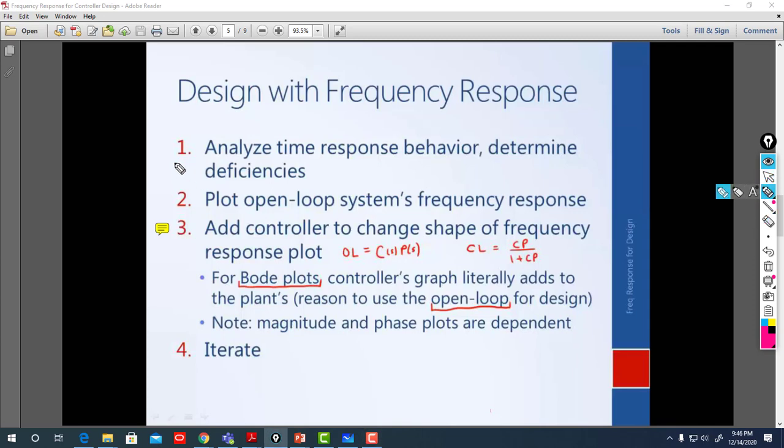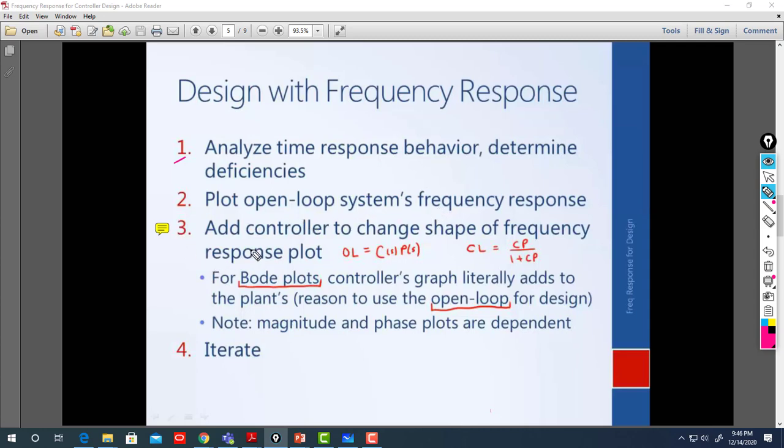Step 1 is to analyze time response behavior and determine deficiencies. Step 2 is to plot the open loop system frequency response.